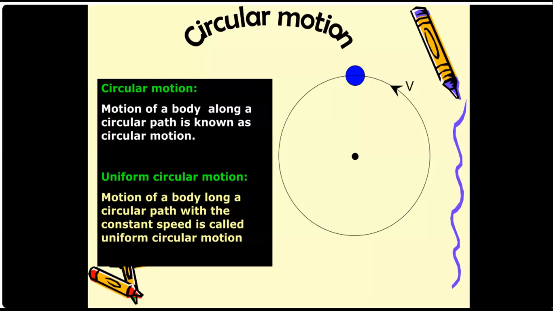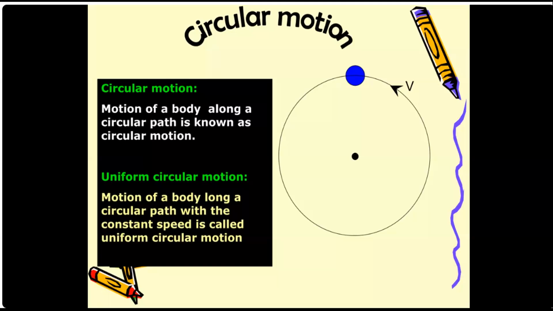And we're going to concentrate on the very basics. That's how you hear the term uniform circular motion, because that's easy to understand. When we talk about uniform circular motion, we're really talking about a body that is moving around a certain point in a circle, but with constant speed.